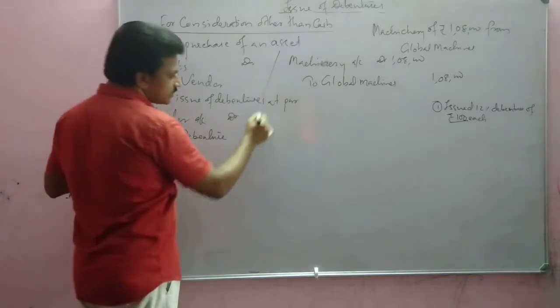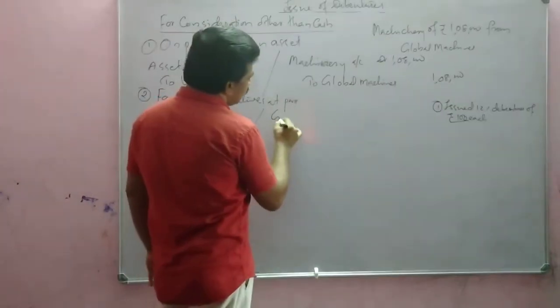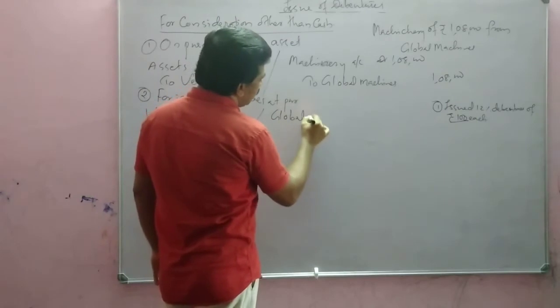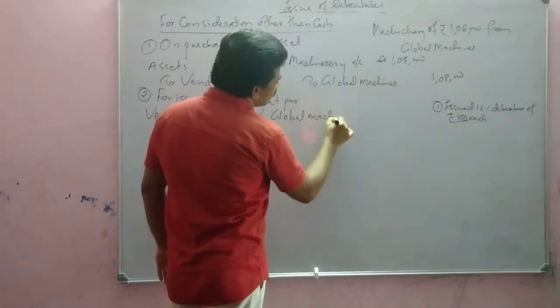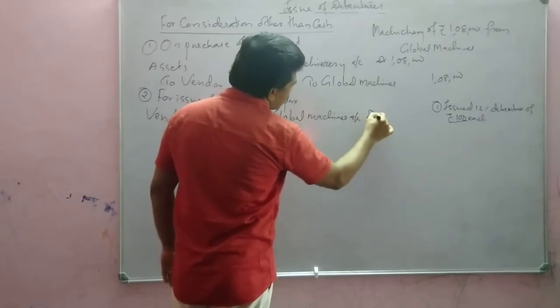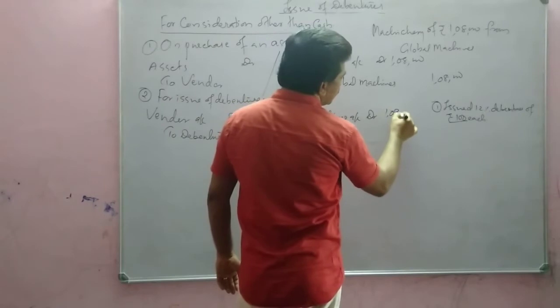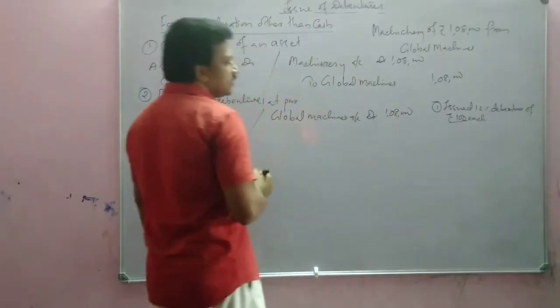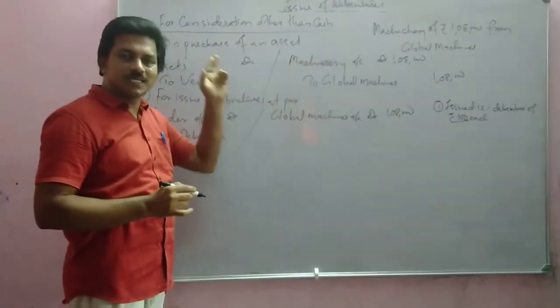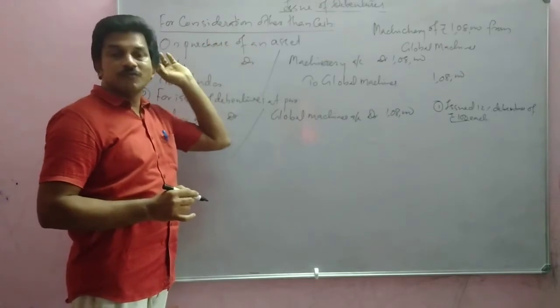So as per this example, who is the vendor? Global Machines. Global Machines account debtor. How much we have to pay? 1,08,000. The same way we have written journal entry for issuing shares for purchase of asset.